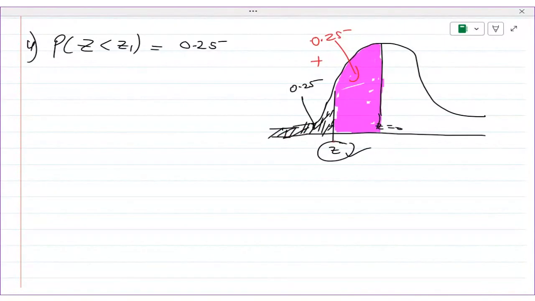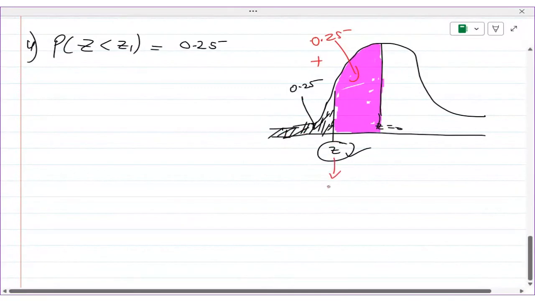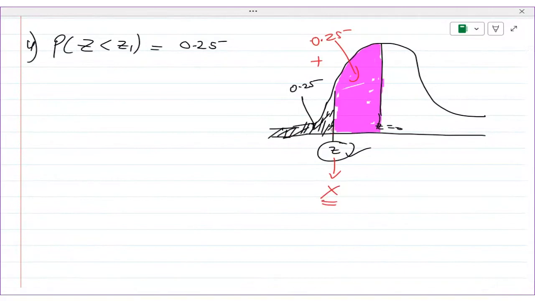Then I will convert this z into the x value. So I get the amount of soft drink below which 25% of the drinks are filled. That value they are asking in the question.